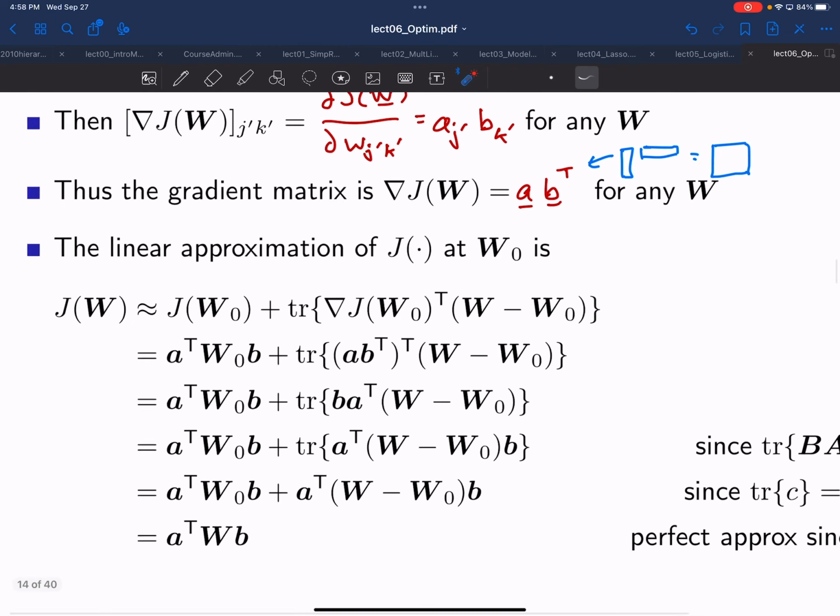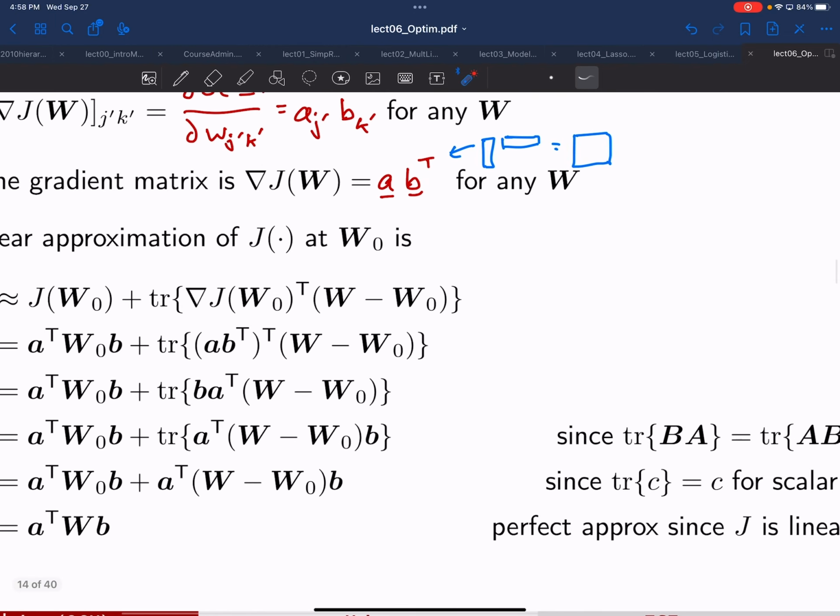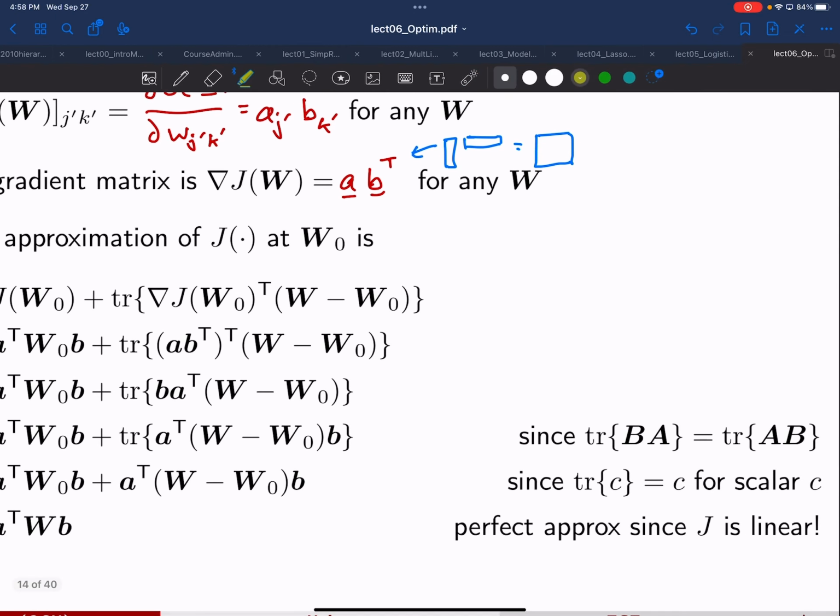Now, the coolest thing about the trace is this property here. As we know in linear algebra, matrix multiplication is non-commutative. You can't just swap the order of matrix multiplication. But when you have two things inside of a trace, you can.